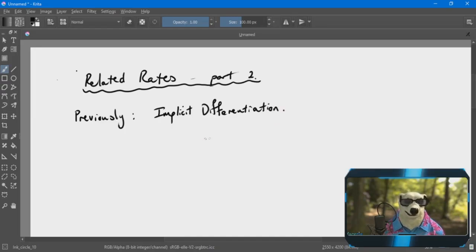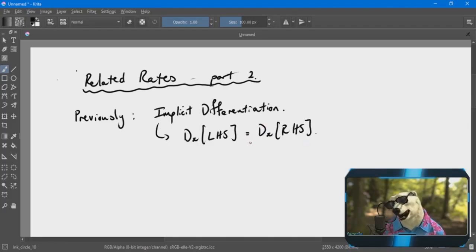Differentiation, where I simply take the derivative of the left-hand side of the equation and the derivative of the right-hand side of the equation, and they have to be equal to each other as well.